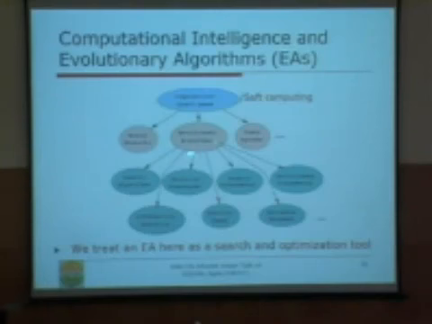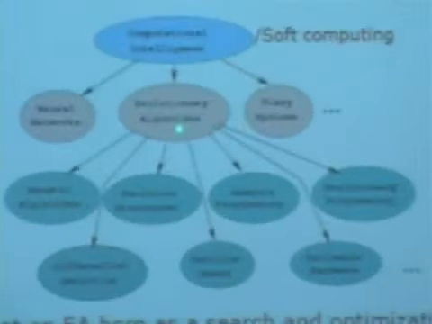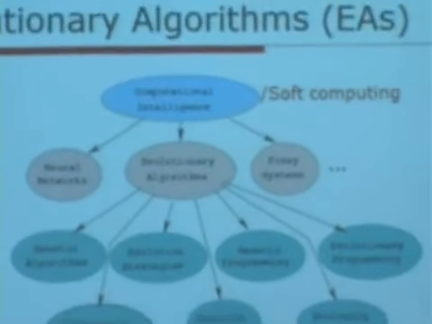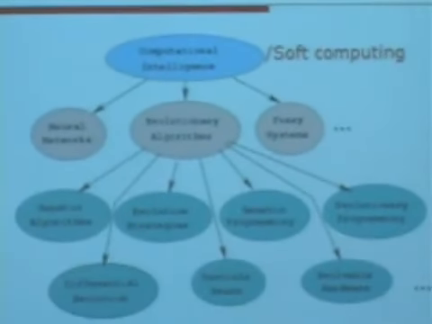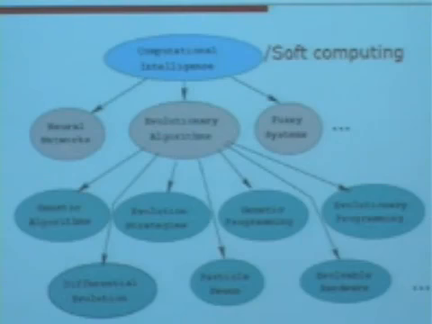What I'm talking about here is evolutionary computing or evolutionary algorithms, which has many different branches. Genetic algorithm is of course the biggest, then there are many other things, and many more that are getting developed.